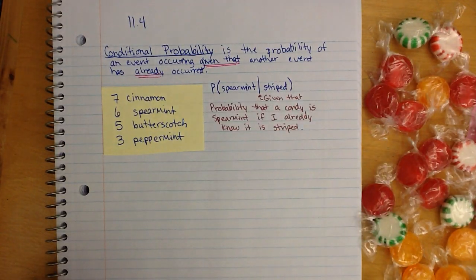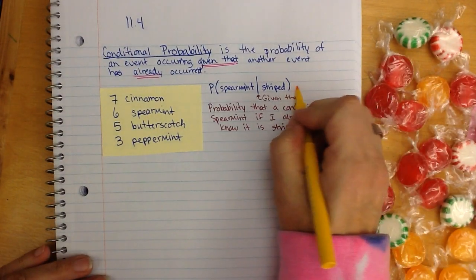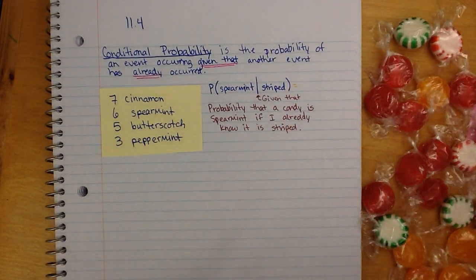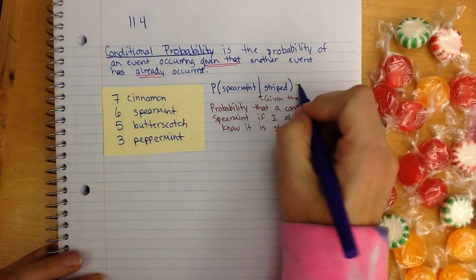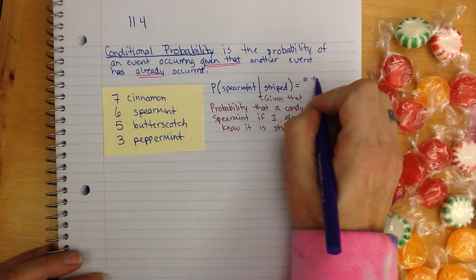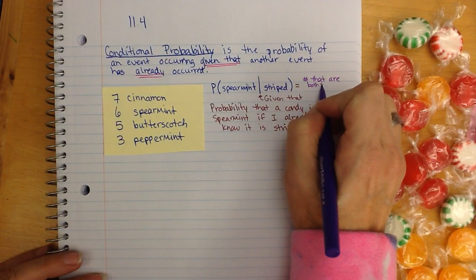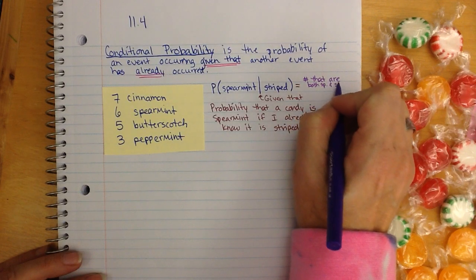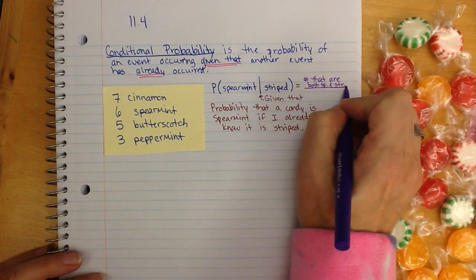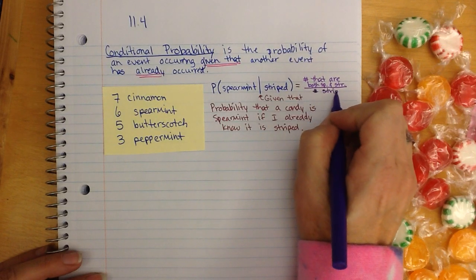So the probability that it's spearmint, given that it is striped, is going to be equal to the number of candies that are both spearmint and striped out of the number of candies that are striped.